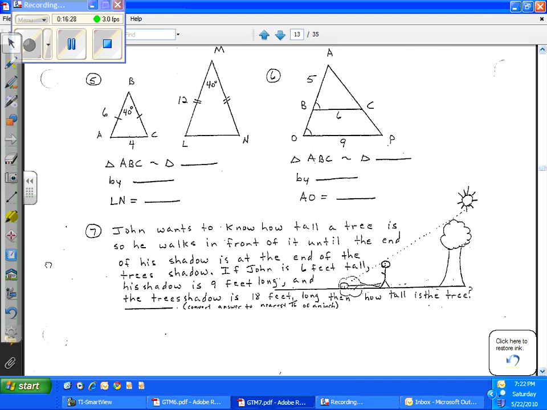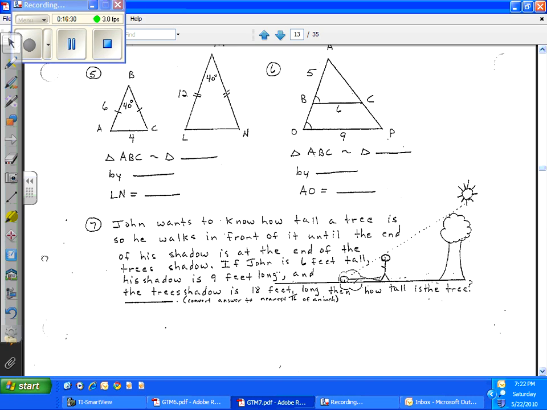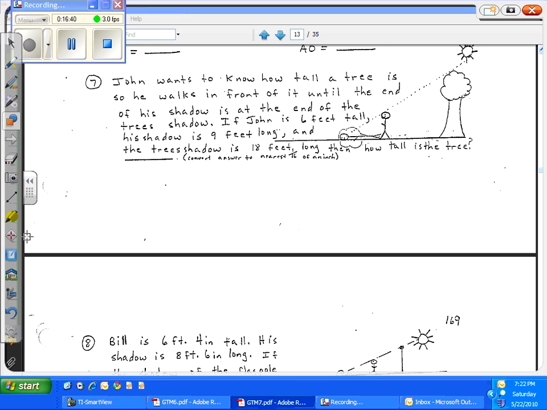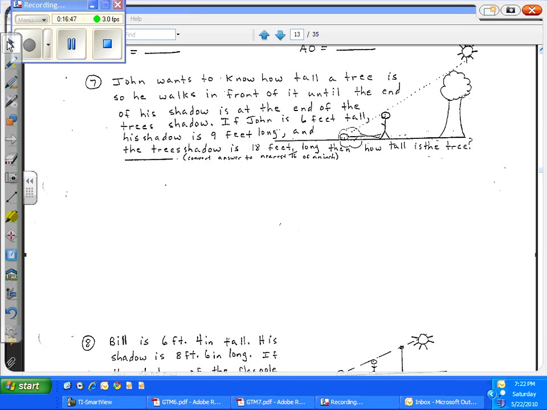We're going to leave those for you to work out on your own. We'll look at number 7. We'll get you kind of started here. John wants to know how tall a tree is, so he walks in front of it until the end of his shadow is at the end of the tree's shadow.